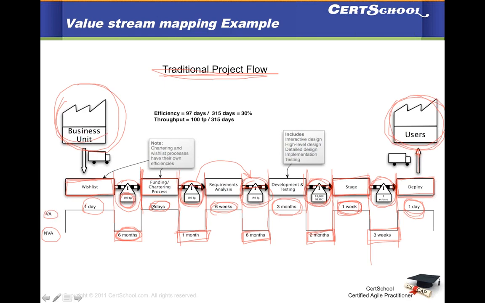So this is your value stream map, just like we looked at that bakery example. This is more of how it works at the enterprise, industry level. The formula still remains the same: the efficiency is the value add days divided by the total days.